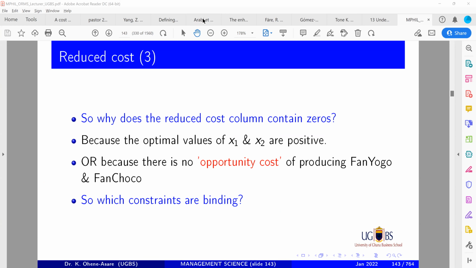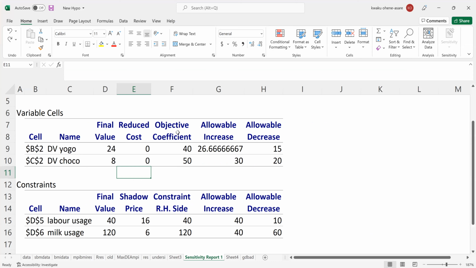When you go to the sensitivity report, there are 2 constraints here, the labor usage constraint and the milk usage constraint. You see them in the constraint section. The question is, which of these constraints are binding? And probably you're also asking, what do we mean by a binding constraint? There are 3 reasons to indicate a constraint that is binding. Number 1, put it down.